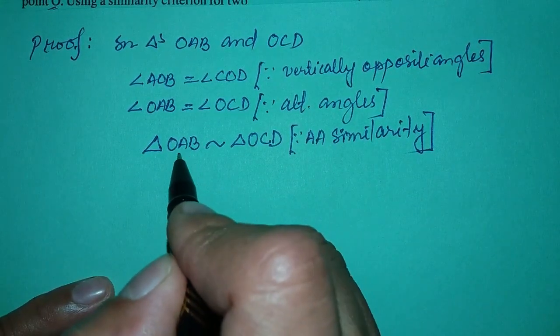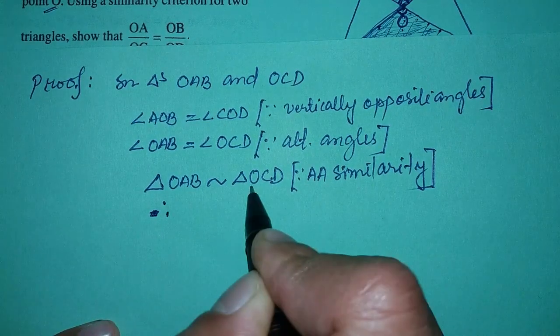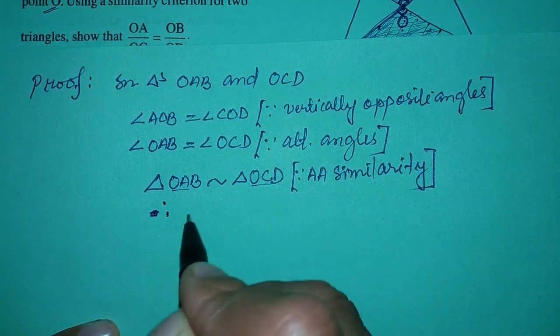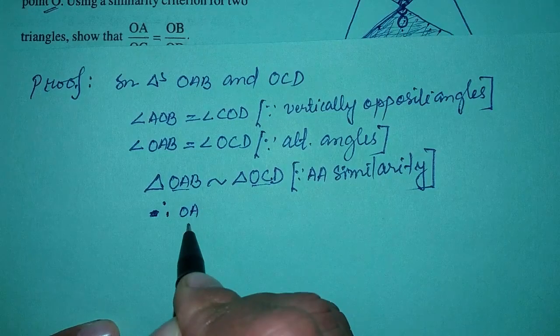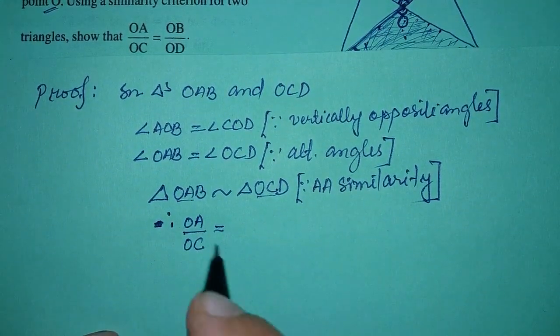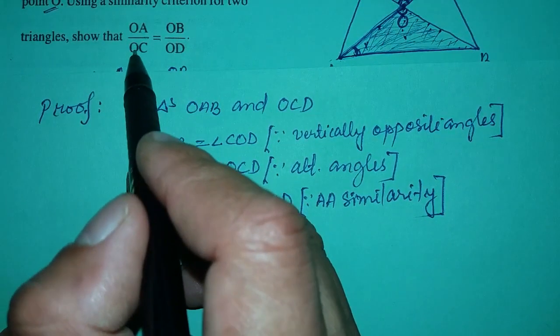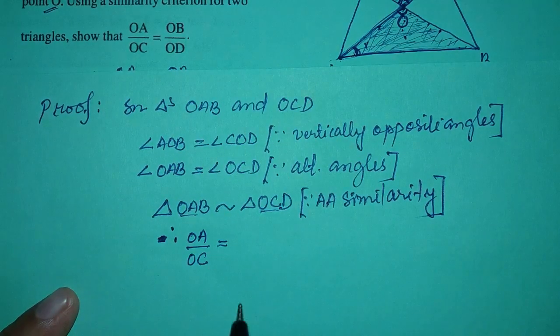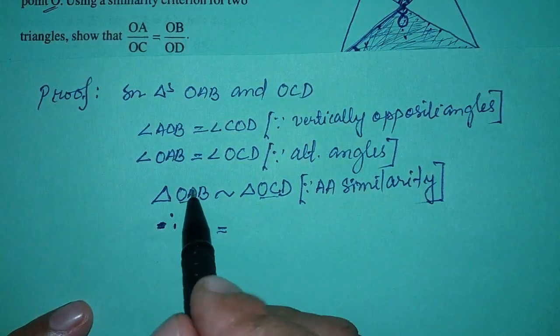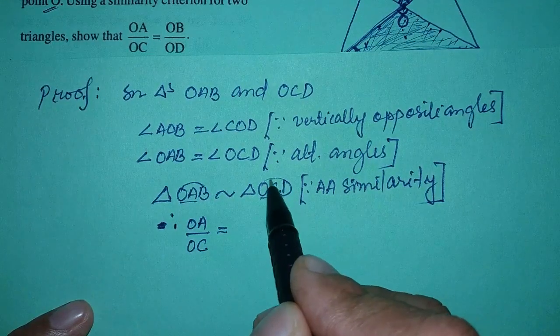The corresponding part of OA is OC. So OA and OC are corresponding sides. OA by OC is equal to the corresponding side parts of, since we are going to prove that OA by OC is equal to OB by OD, we will try to get the corresponding part of OB. The corresponding part of OB will be OD.